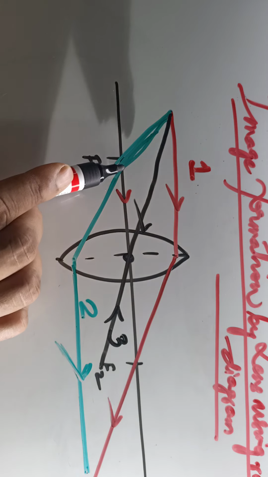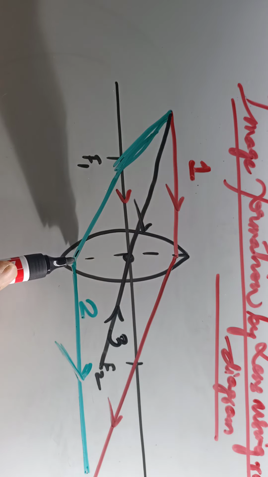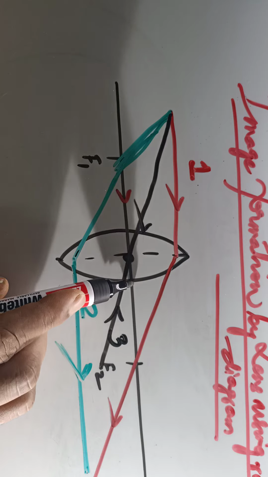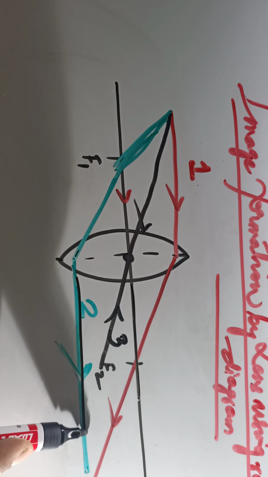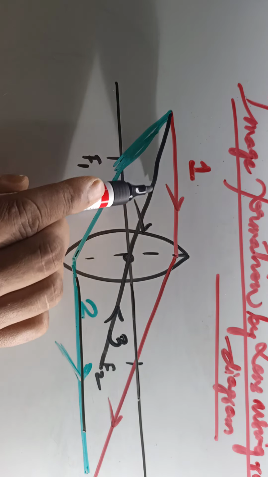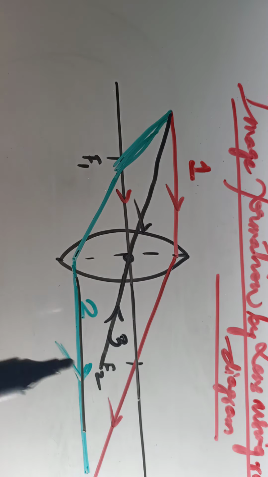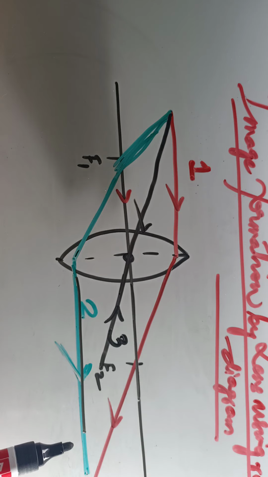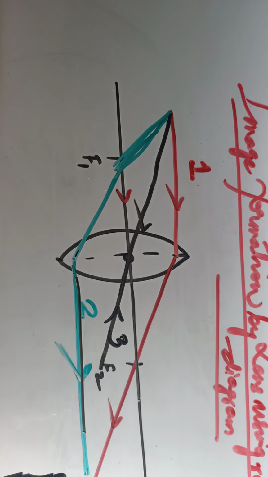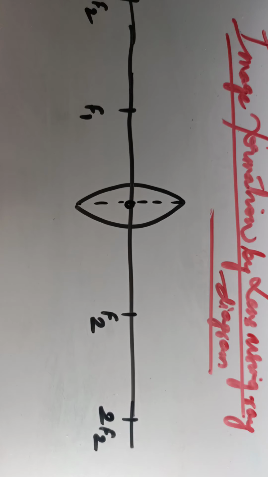A ray of light that passes through the focus will become parallel to the principal axis. Then 3, a ray of light which passes through the optical center follows the same path back. So these are the 3 simple rules that you need to keep in mind when you are to find the position of an image in case of lenses.